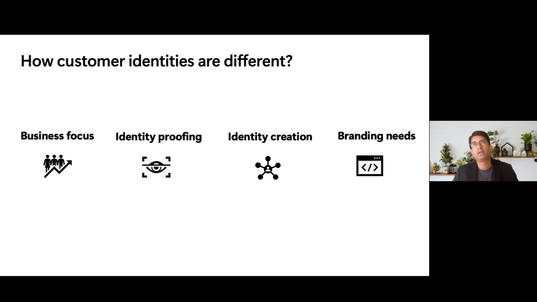From the customer identity standpoint, things are quite different because businesses usually range. There's a huge range of business needs. For example, if you're talking about a retail customer and they're thinking about implementing customer identities, they will be thinking about, well, hey, we wanted to go live with this particular work stream, and we wanted to make sure that we can acquire as many customers as soon as possible in the most secure fashion.